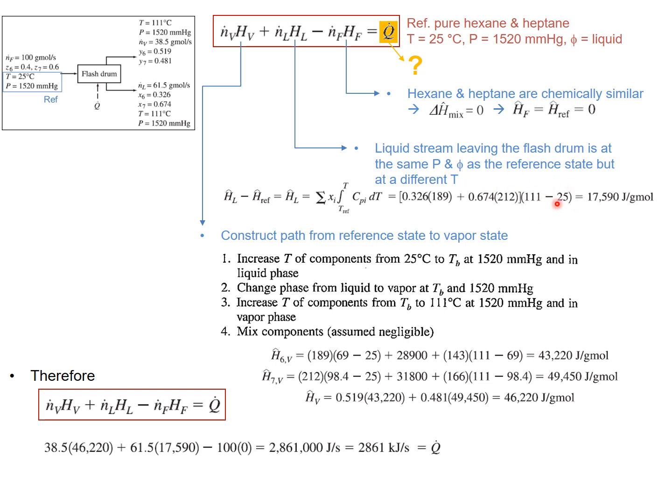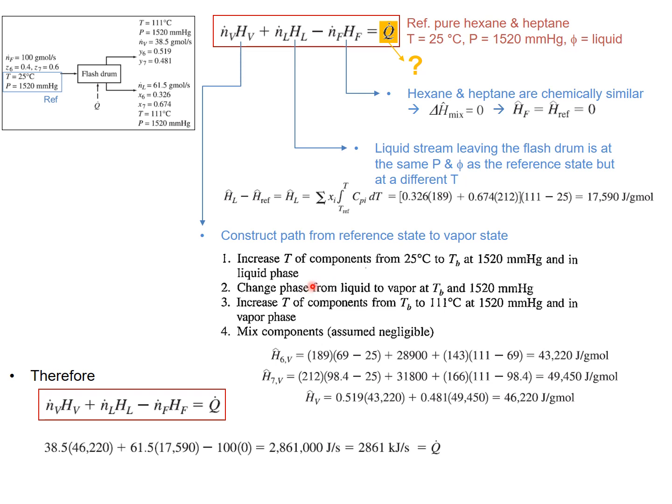In this case, the reference state is 25 Celsius degree, going to 111 Celsius degree. Then we can calculate the value. How about vapor? It is a little bit more complicated than the others. Let me construct a pathway from the reference state to the vapor state.